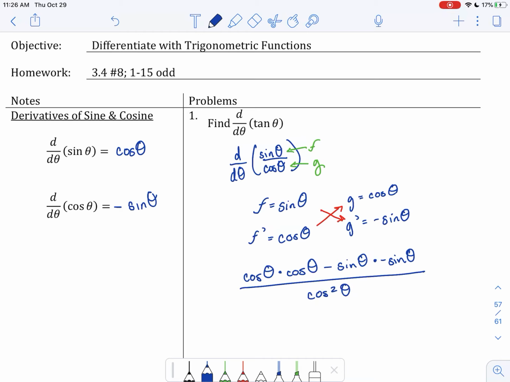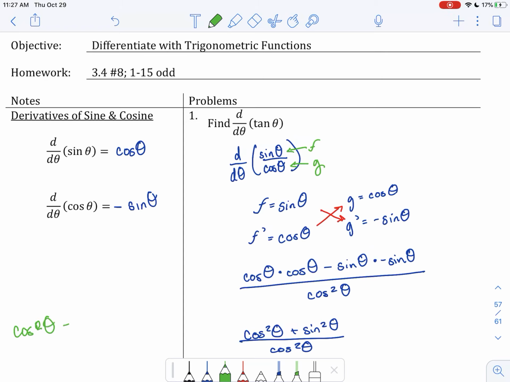So cosine squared theta, which we might just write like this. Now we can simplify that to cosine squared theta minus a negative, so plus sine squared theta all over cosine squared theta. Now hopefully this jogs some memories. These are the Pythagorean identities.